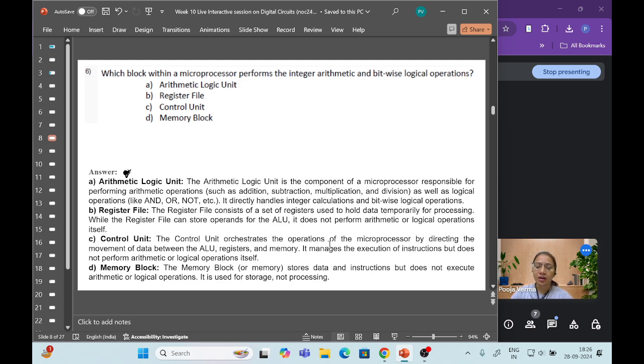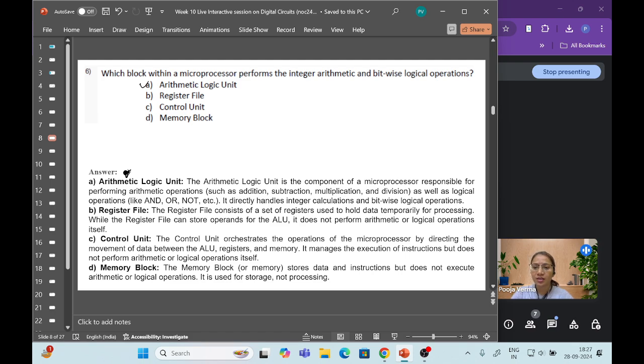Arithmetic operations are addition, subtraction, multiplication, and division, as well as the logical operations. It directly handles integer calculation and bitwise logical operation.